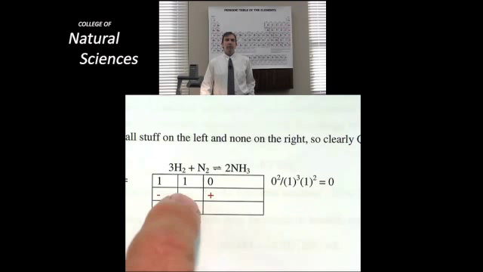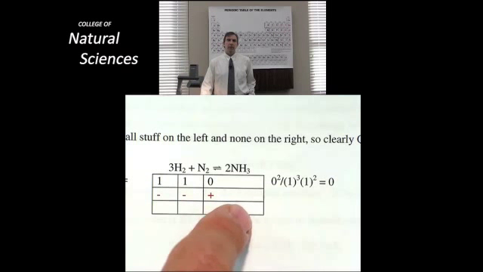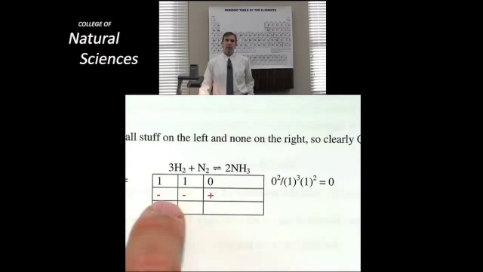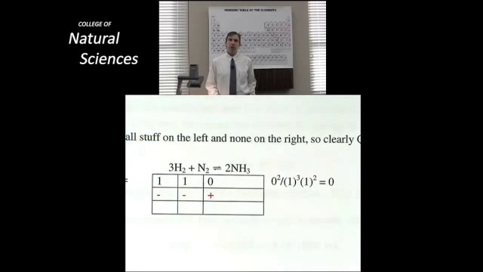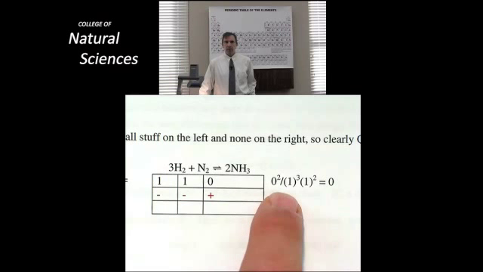So this reaction must shift to the right, which means that I have minuses for the hydrogen and nitrogen getting smaller and a positive for the ammonia getting larger. If you wanted to look at it in the context of a Q value relative to K, the value for Q is the stuff on the right over the stuff on the left, and you end up with a value for this of 0.